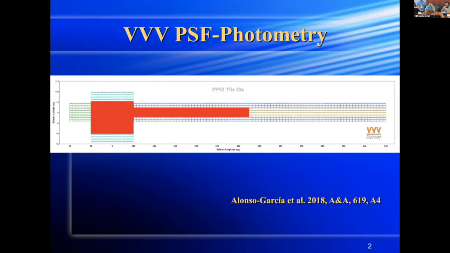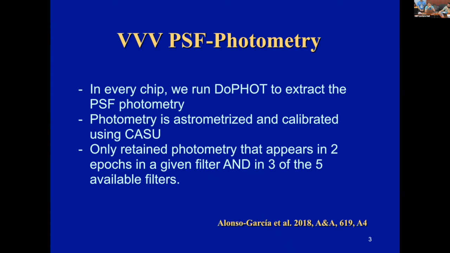So how did we do this? The way that we did it was, in every one of the chips of the different VVV fields, we ran DUFOT, which is our PSF fitting software, to extract the PSF photometry.